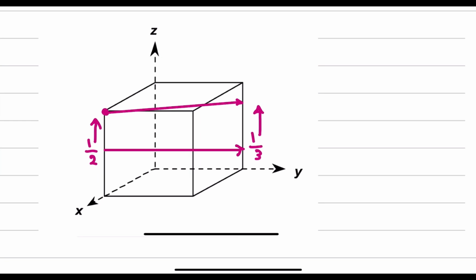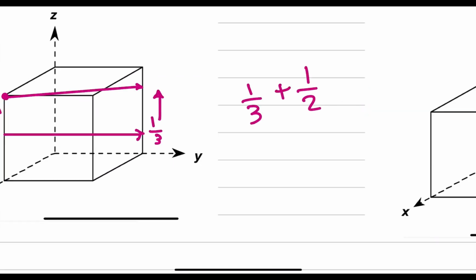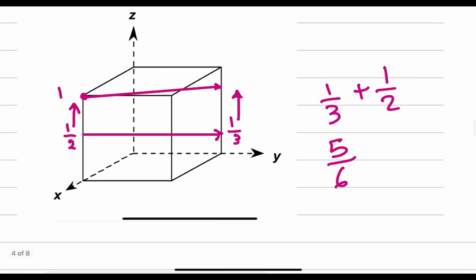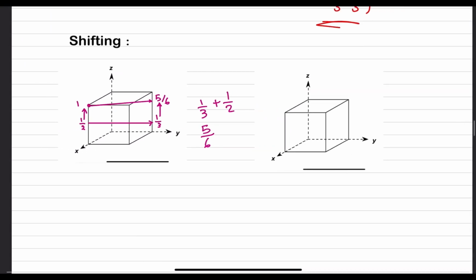Here we will have 1, because we moved half, and here we need to move half as well. So 1 over 3 plus half will be 5 over 6. So here is 5 over 6.